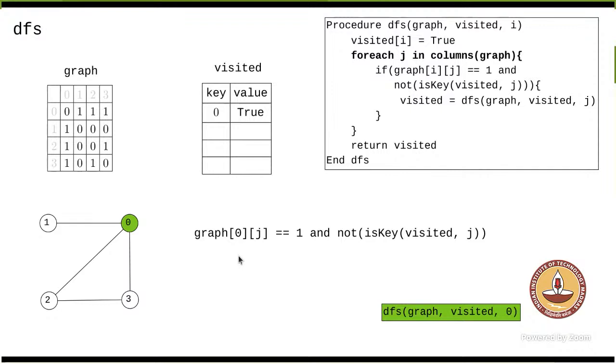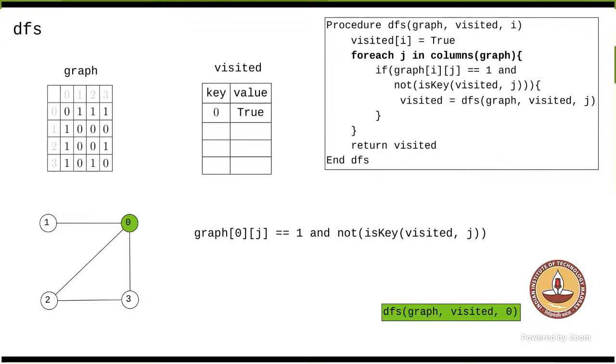So what is the first part of the if condition stating? It's asking the following question: does my node 0 have an edge with my neighbor j? Can I call node j my neighbor? When can I call a node my neighbor? If there is an edge.